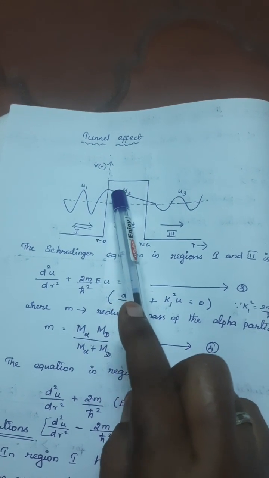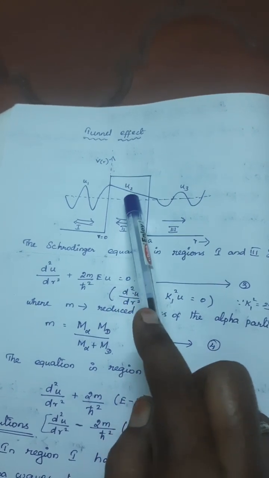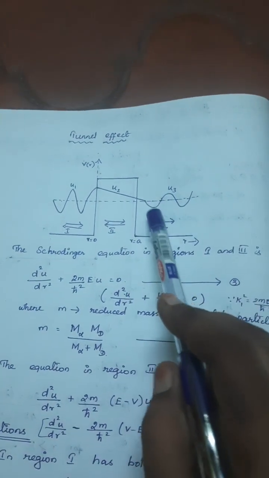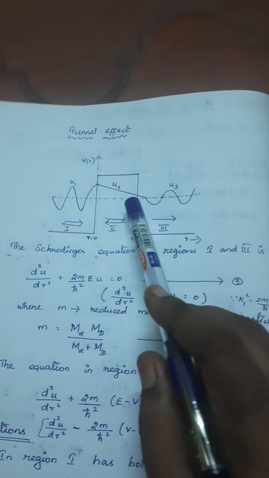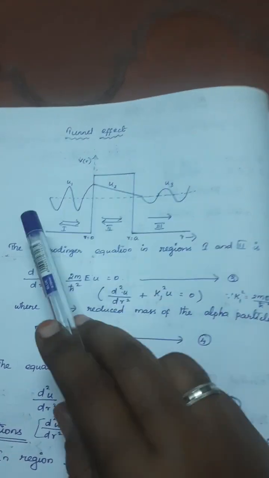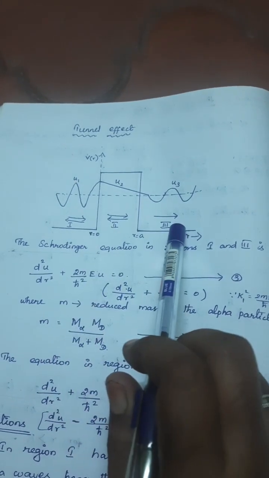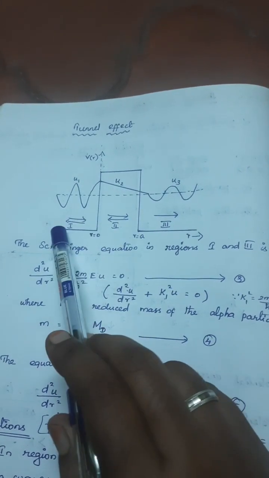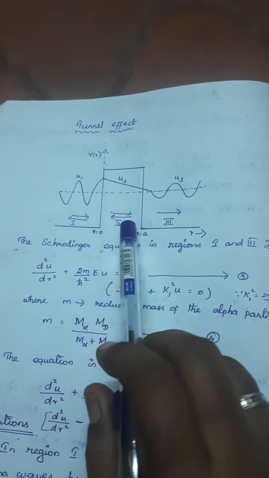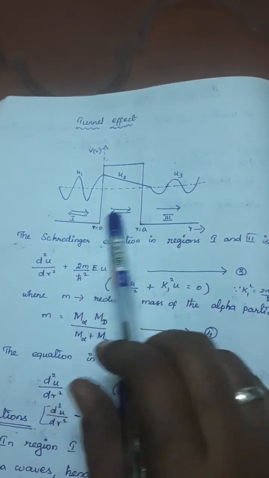Suppose it moves through the tunnel, the wave function is represented by u2, and outside the tunnel the particle is again moving like a wave, with wave function u3. So region 1 and region 3 are the same kind of region, but region 2 is the barrier region.